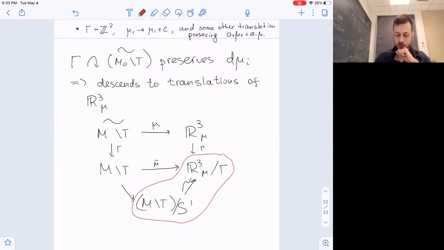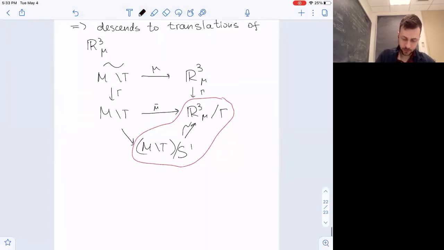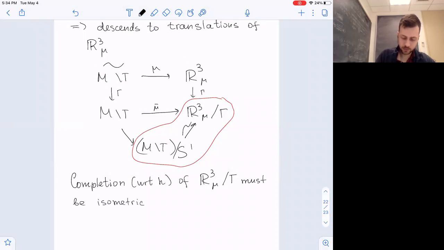So this is really the key part, that we know exactly what the action of gamma is, and we know that the completion with respect to H of R3 mu modulo gamma must be isometric to M modulo S1.